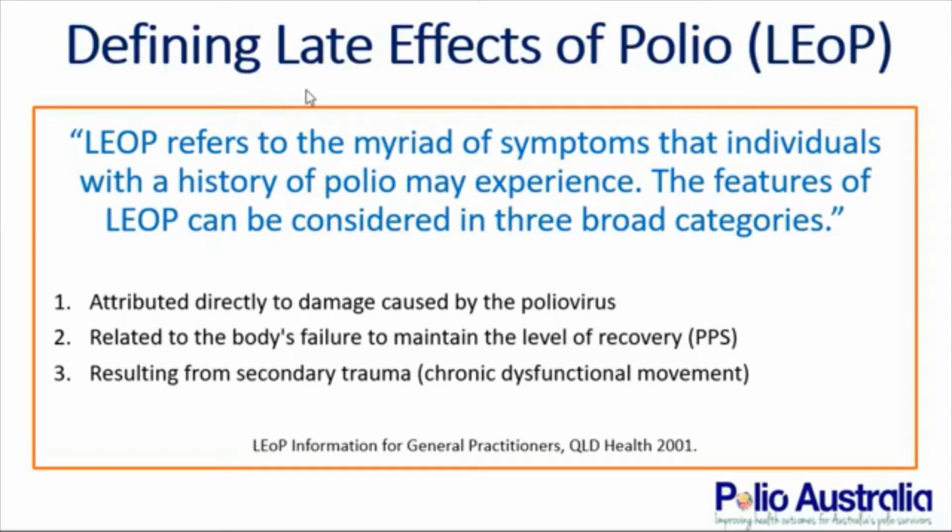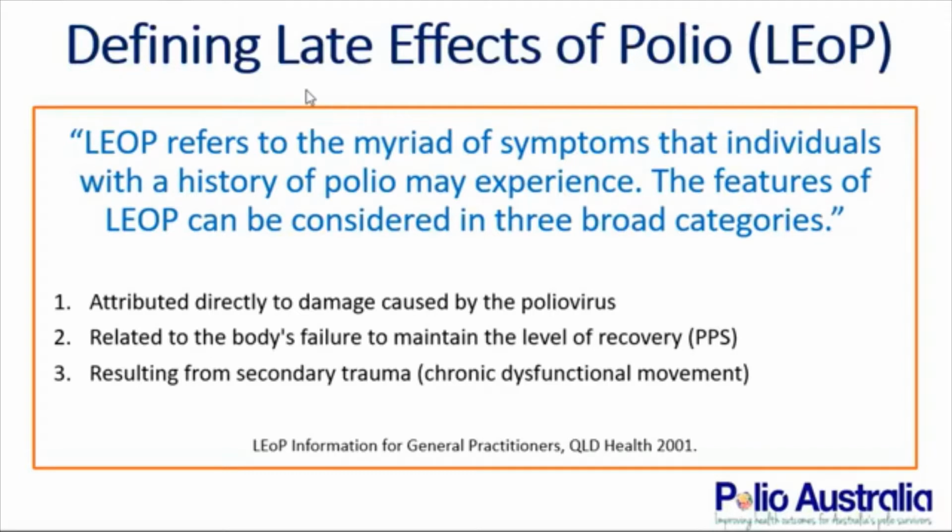Understand as well that when we're looking at either of these conditions, there's a lot of variability between polio survivors, what symptoms present and to what extent they present. An individual should be treated exactly as that individual with a very unique condition.